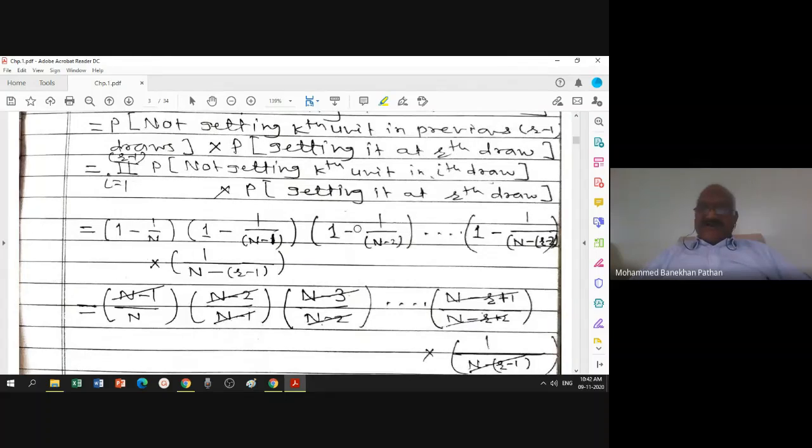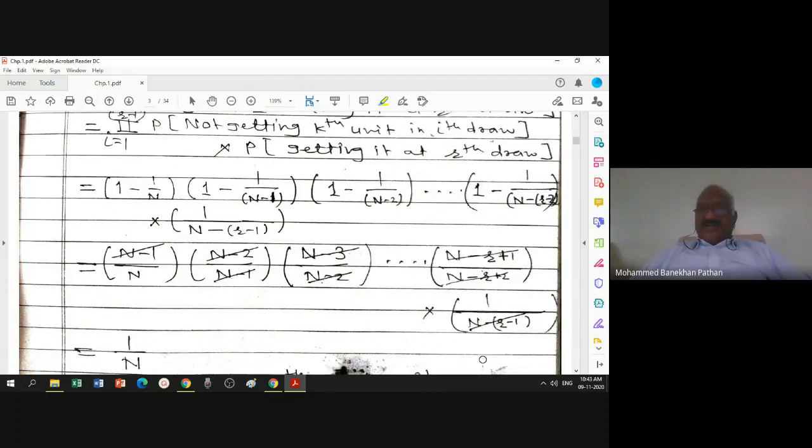Let us simplify this expression. Number 1 bracket: n minus 1 upon n. Number 2 bracket: n minus 2 upon n minus 1. This is n minus 3 upon n minus 2. Continue like this up to the last term.